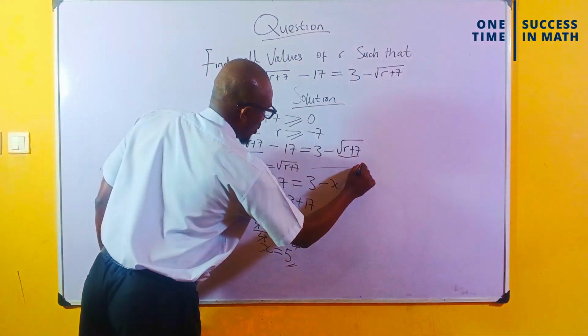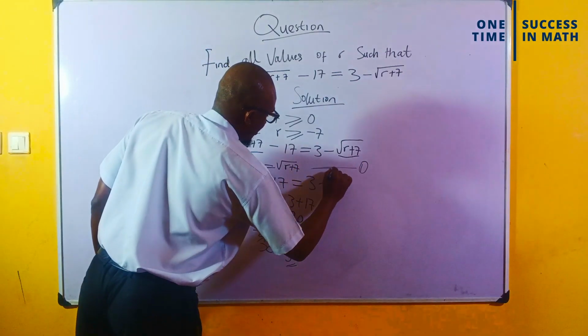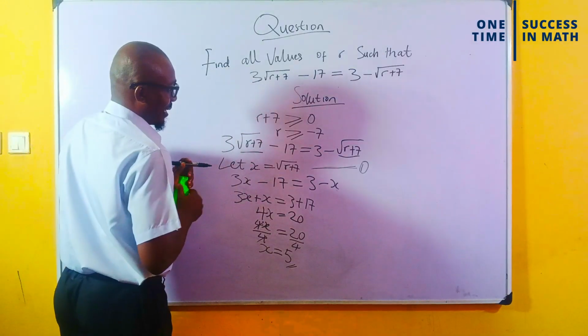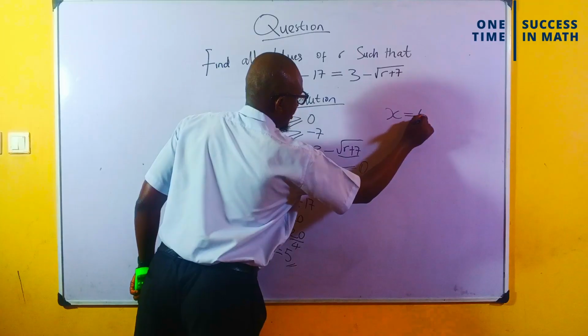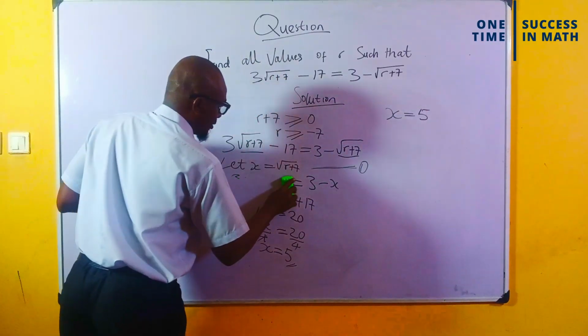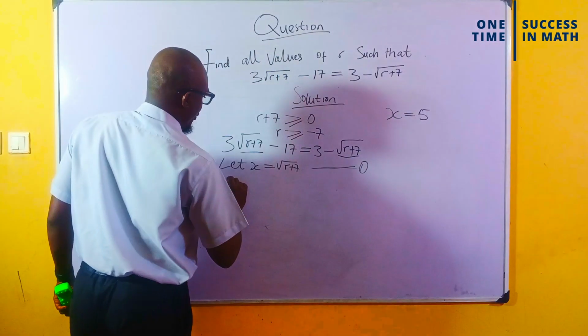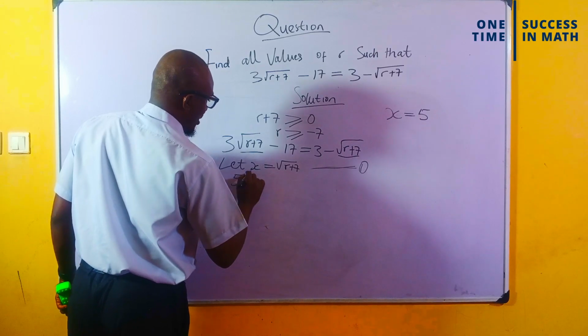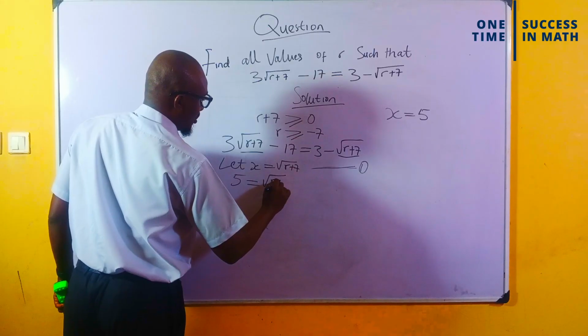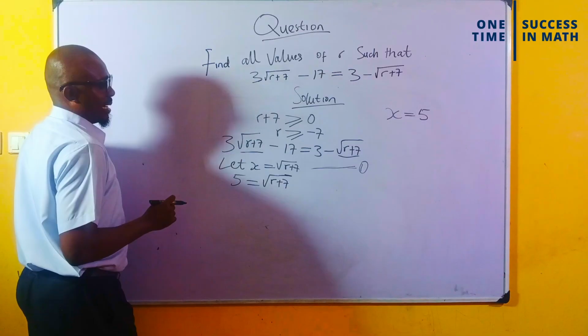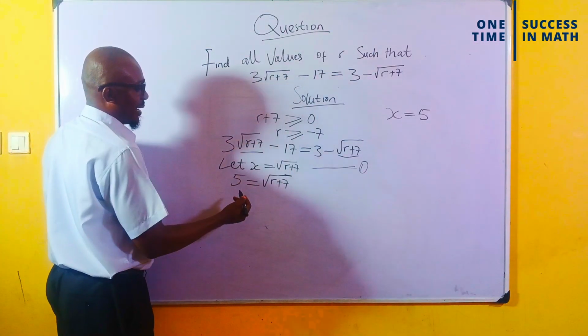Let's call this equation 1 for clarity. We already know that x equals 5. So if we equate 5, which is x, to root of r plus 7, it will be easy to find r.